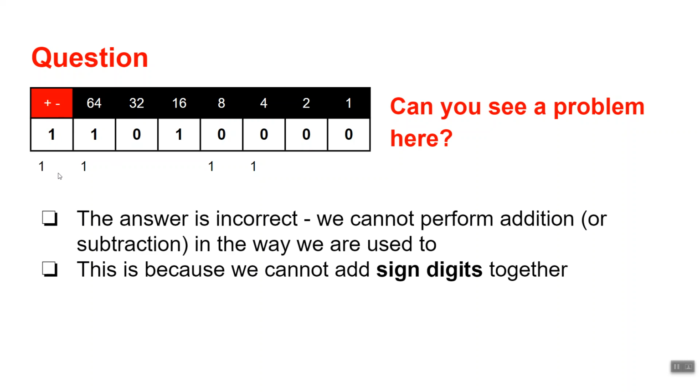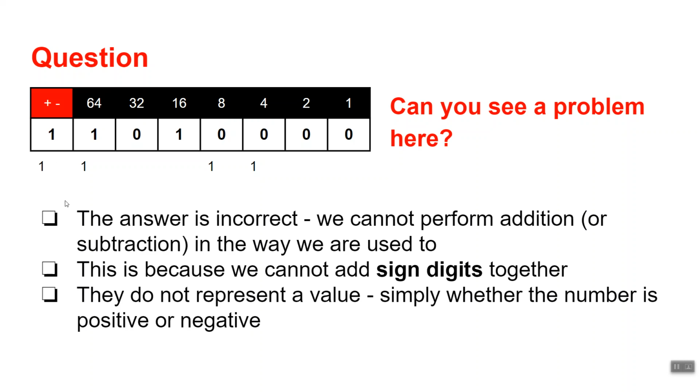Remember though, in sign and magnitude, this doesn't represent part of the value. It only represents a sign, whether the number's positive or negative. So we can't use that in an addition because it's not actually part of the number. So we have a problem. We need to find another way, perhaps, of representing negative numbers, which will allow us to avoid this difficulty.